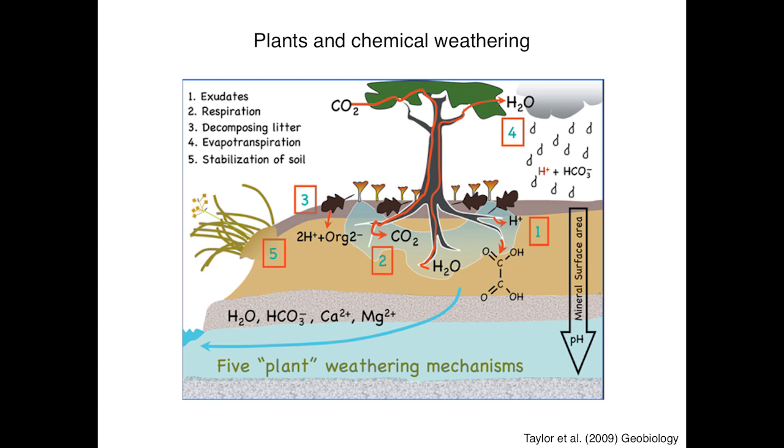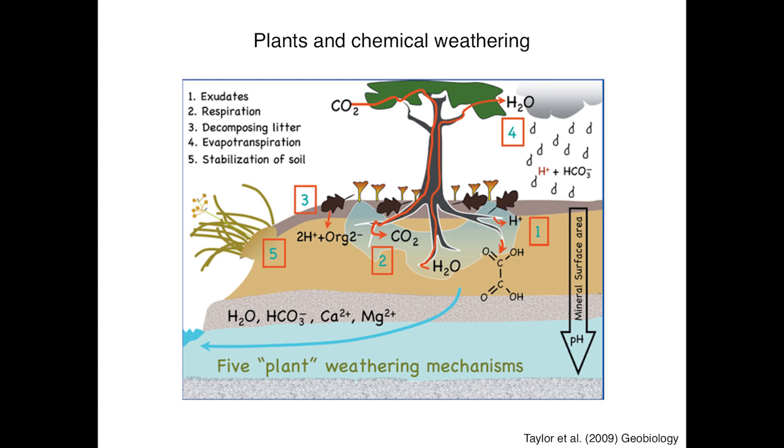Litter decay produces organic acids, and if it gets oxidized enough, CO2, and of course plants get CO2 into those soil waters as well. And then the third broad process is the fact that plants stabilize the physical environment in which chemical weathering occurs now, and perhaps has occurred in the distant past.